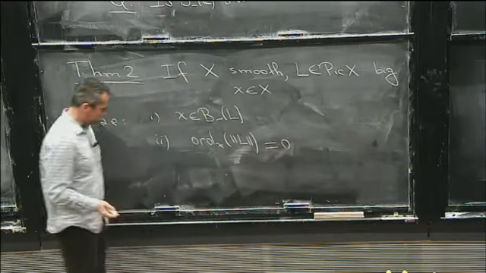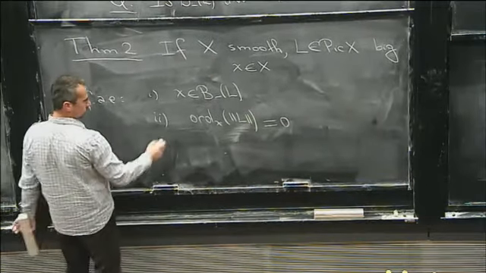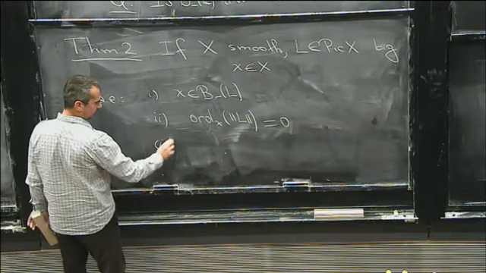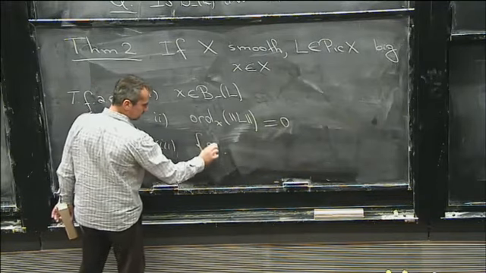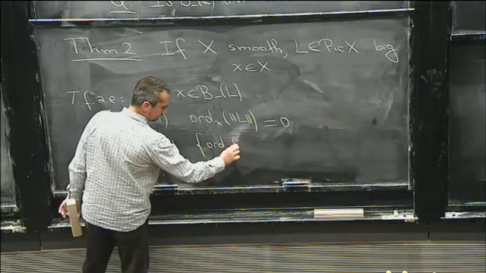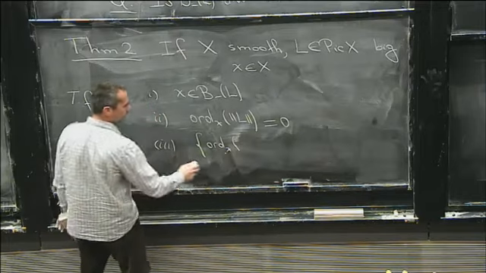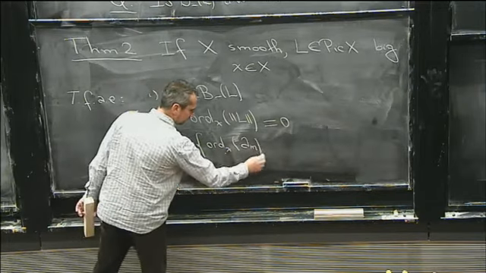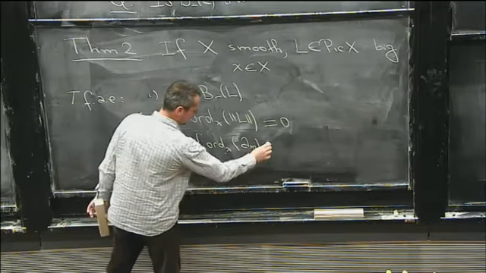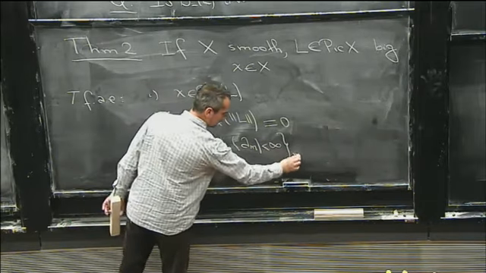And somehow the interesting thing is that this is also equivalent to the fact that the set of all these numbers, ord_x of a_m, which are finite, over all m, is actually bounded.